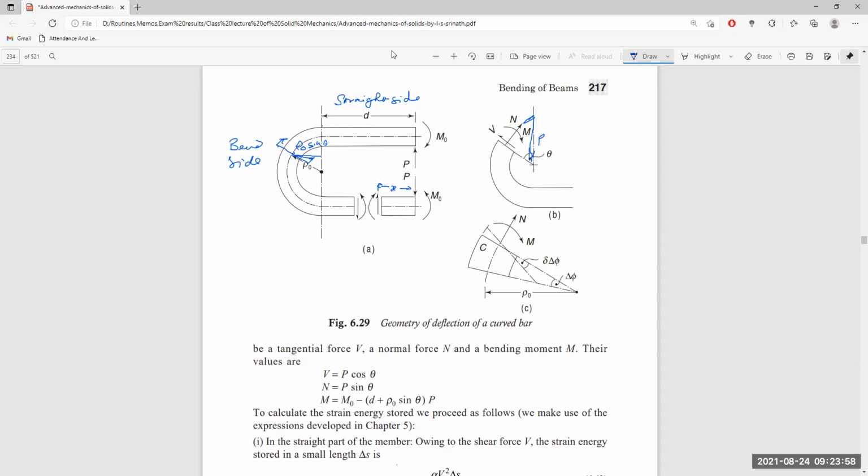So the moment caused by the external force P here is equal to M0 plus P rho 0 sine theta multiplied by P itself, and this should act in the anti-clockwise direction, while our bending moment M acts in the clockwise direction.